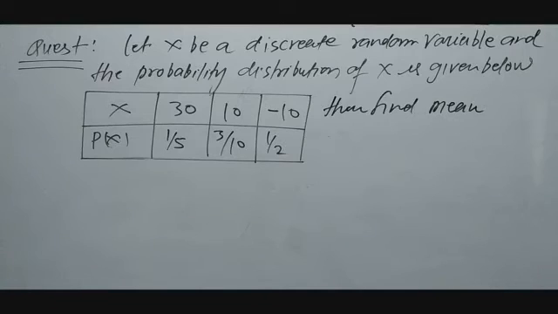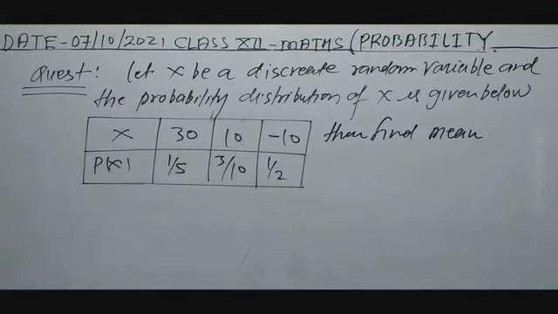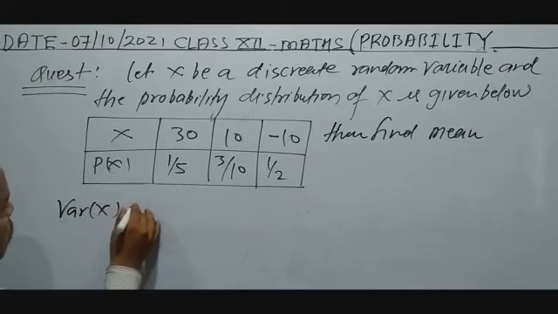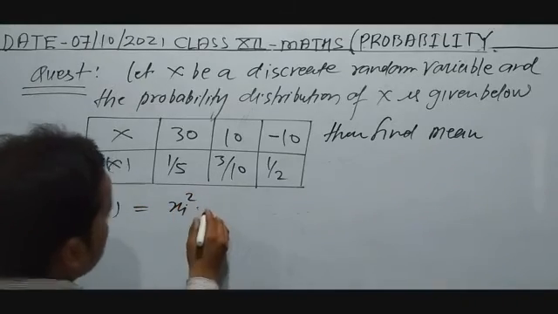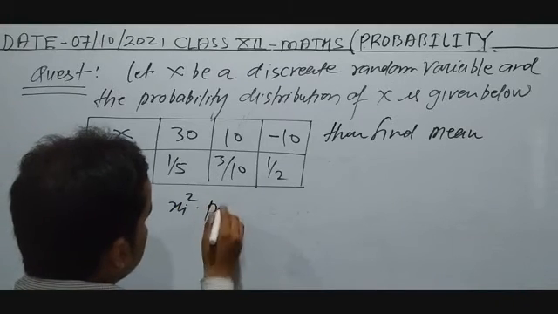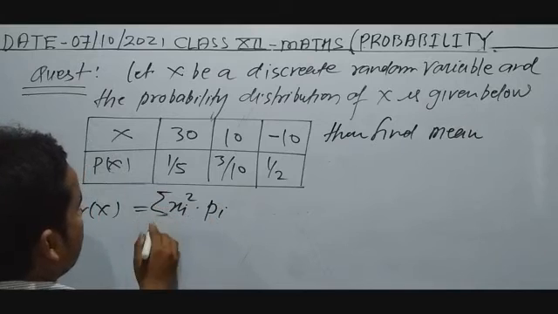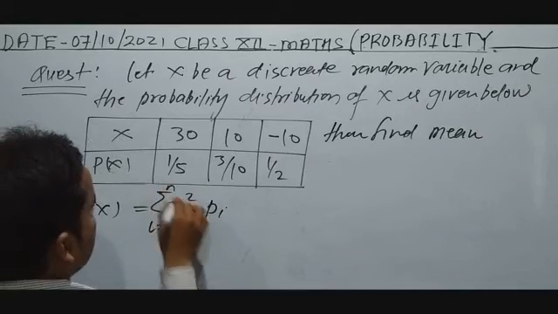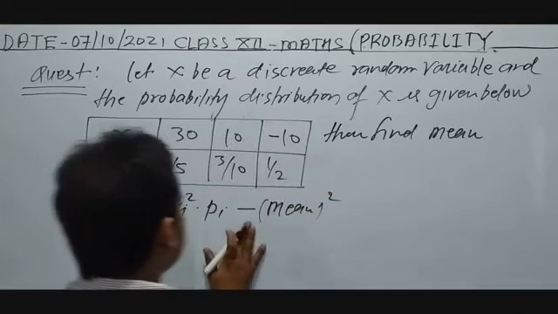In case of variance, variance of X we can write as sigma i equals 1 to n of xi square into pi, minus mean square.